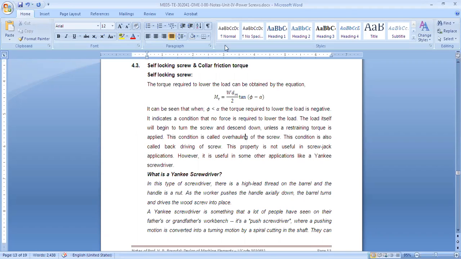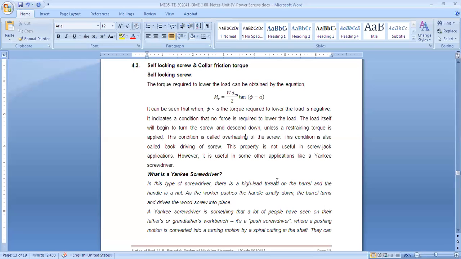If you see that, you will see that this torque could be zero, because there is a negative sign. So somehow if we are able to manage these terms phi and alpha, we can make this torque zero. Now just see phi and alpha. If somehow tan (phi minus alpha) is zero, then your torque will be zero.